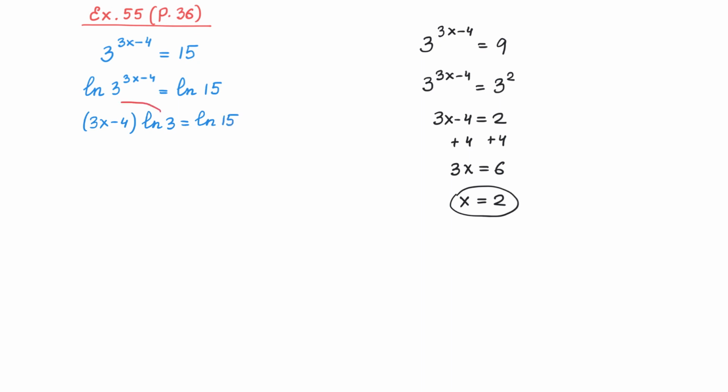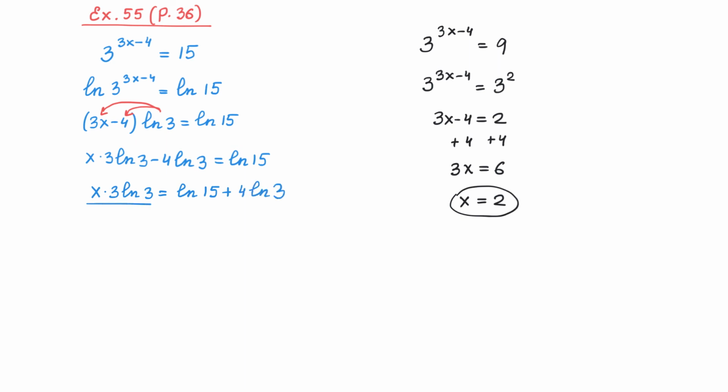Let's distribute natural logarithm of 3. And we will have x times 3 natural logarithm of 3 minus 4 natural logarithm of 3 equals natural logarithm of 15. We will add 4 natural logarithm of 3 to the right side, so we will have x times 3 natural logarithm of 3 equals natural logarithm of 15 plus 4 natural logarithm of 3.